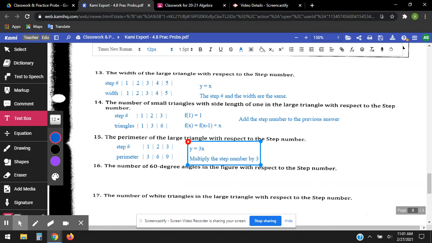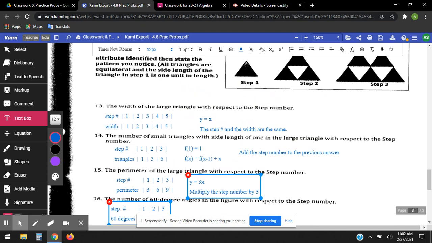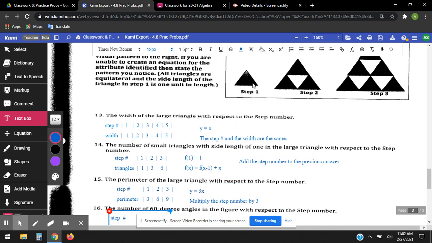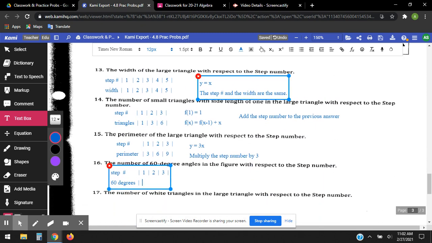Number of 60-degree angles in the figure with respect to the step number. Okay, that's kind of a different one. Well, step 1 has 1, 2, 3 60 degrees in there.